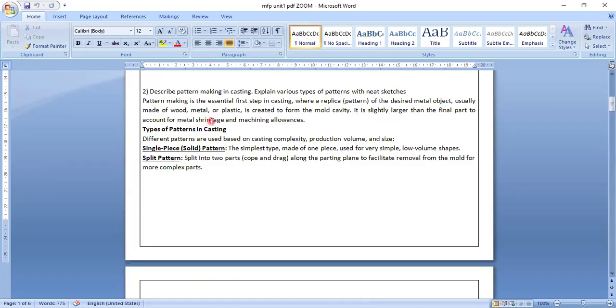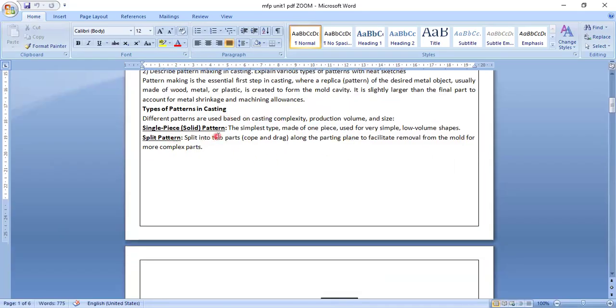After that, they started using metals. A metal pattern you can use two to three times. A plastic or wood pattern you can use one time only, as you have to break it, but a metal pattern you can use multiple times. It is created to form the mold cavity. It is slightly larger than the final part to account for metal shrinkage and machining allowances.